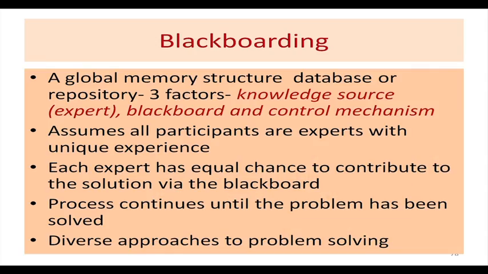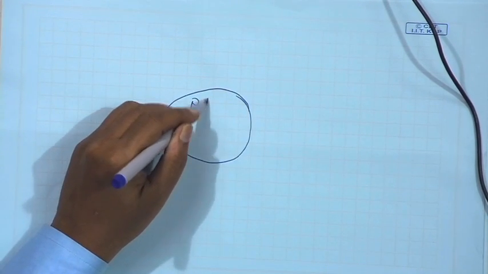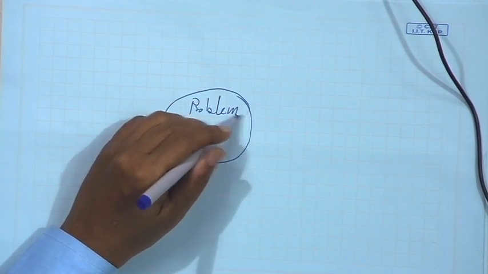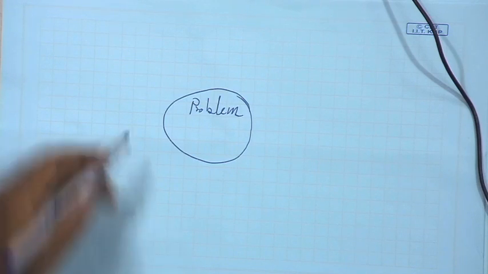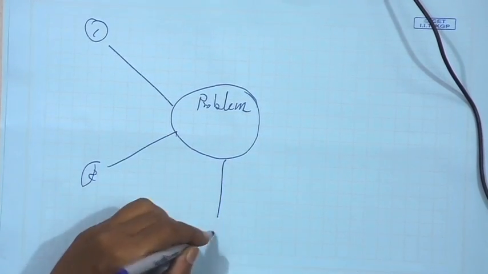So, for example, what you can do in the middle of the page, suppose you are writing, okay, this is the problem. Now, you have different experts, these are the different participants.